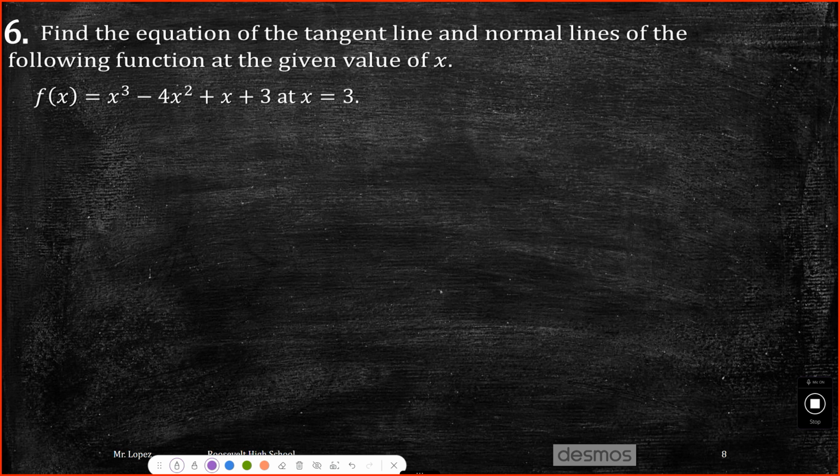Because in the AP you have to really understand the question and apply the math involved with it. So in this particular problem, number 6, it says to find the equation of the tangent line and the normal lines of the following function at the given value of x. Let's do the first part first. Find the equation of the tangent line.